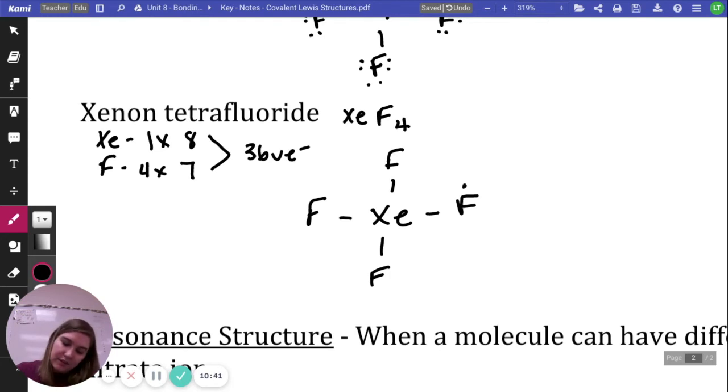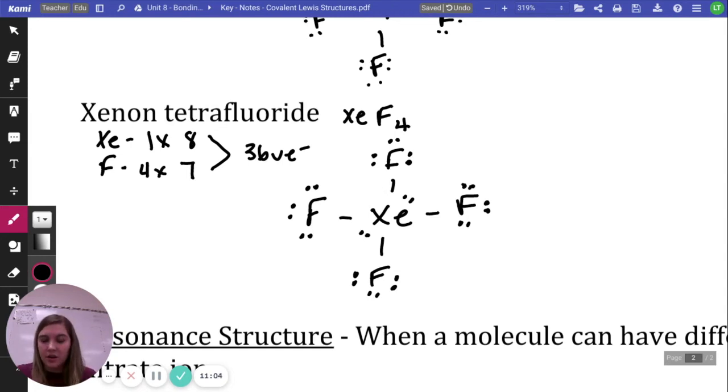So let's start counting. 2, 4, 6, 8, 10, 12, 14, 16, 18, 20, 22, 24. So we have 4 more electrons, so we're going to pop them on our central atom. And this one is not charged, so it does not need to go in the brackets. And that would be our Lewis structure for xenon tetrafluoride.